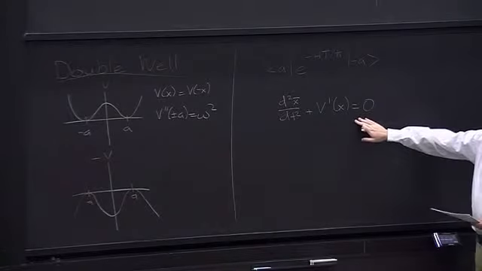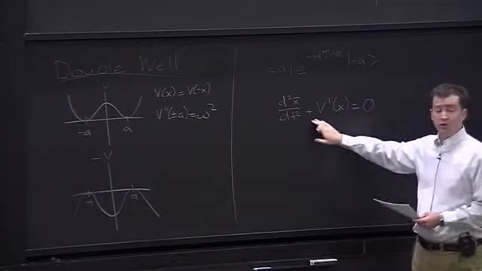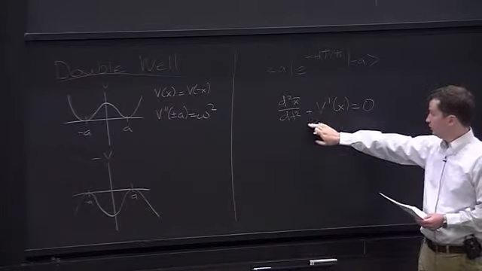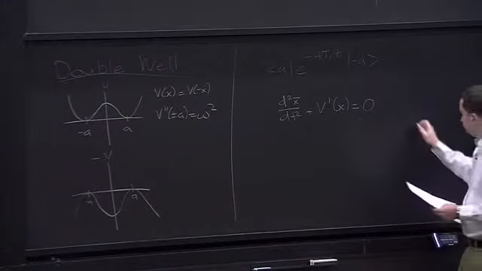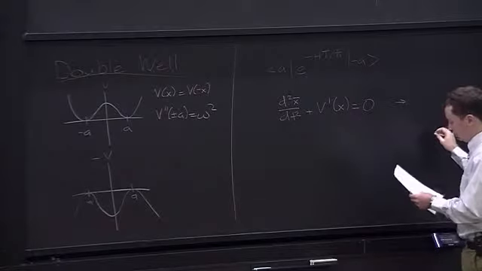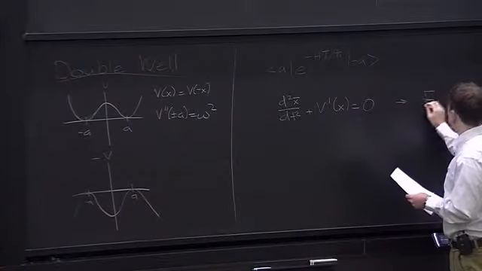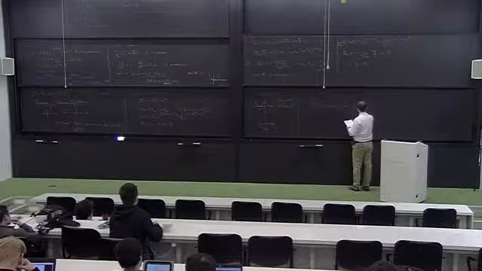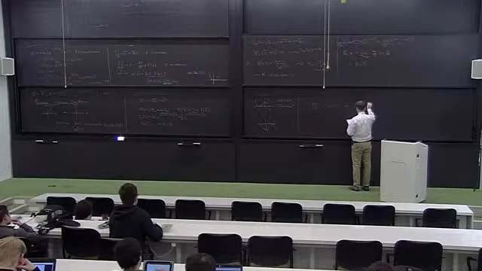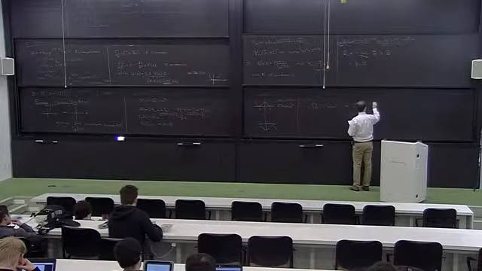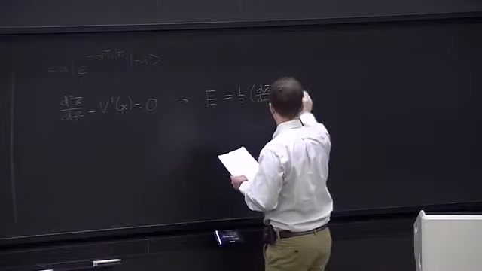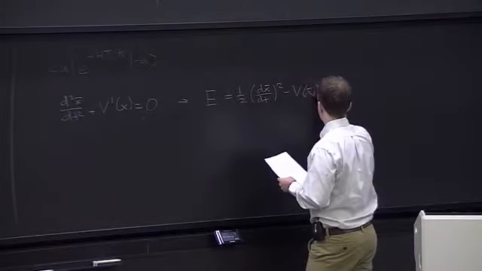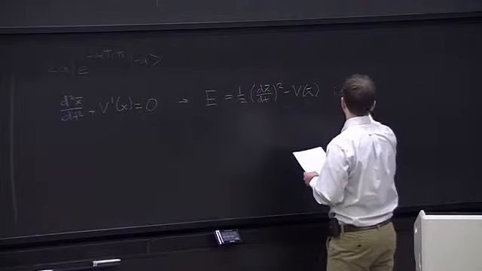And a useful observation we can make is that if we're solving this equation, the energy, 1/2 (dx/dt) squared minus V of x, is a constant of motion.